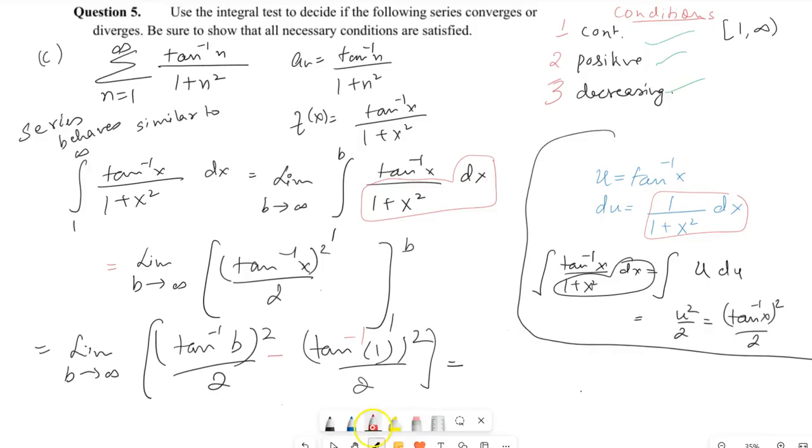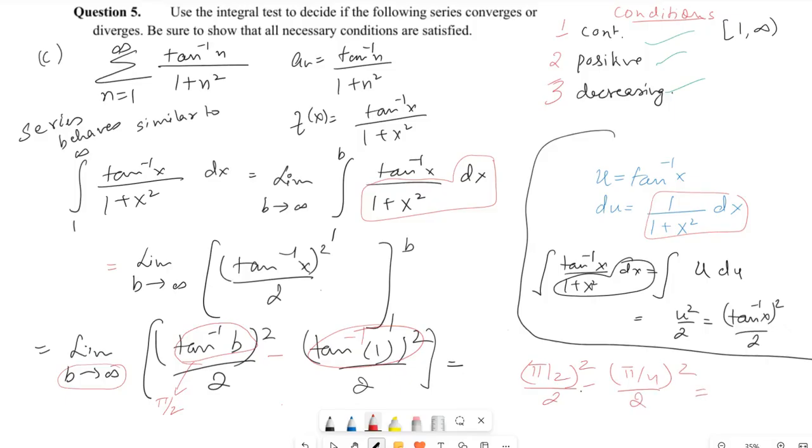Now notice what's happening. When b approaches infinity, the tangent inverse function approaches pi by 2, because tangent of pi by 2 becomes infinity, right? So that is (pi by 2) whole squared by 2 minus tangent inverse 1, which is pi by 4. So that is (pi by 4) whole squared by 2.